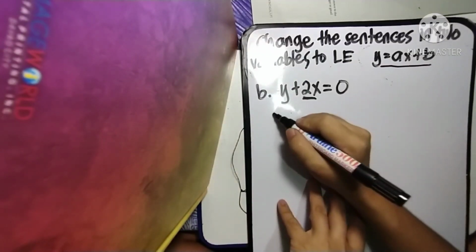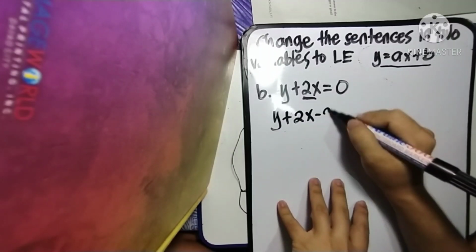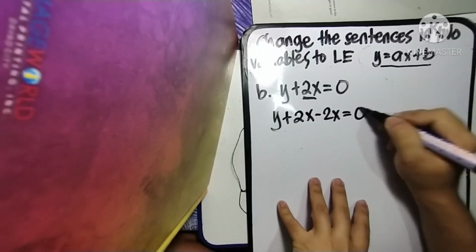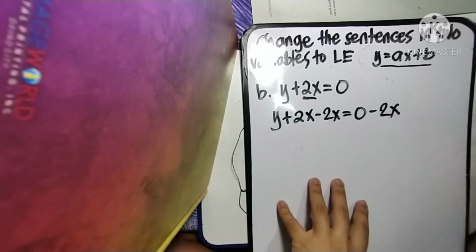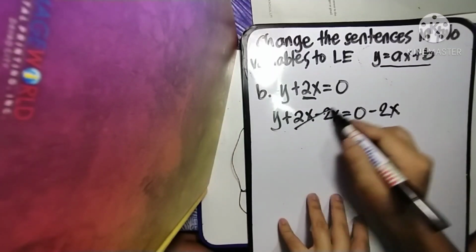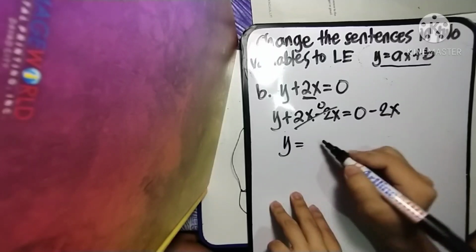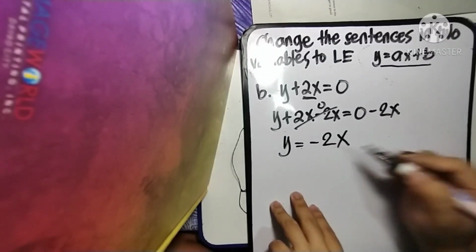Okay, we have y plus 2x minus 2x is equal to 0 minus 2x. Okay, so 2x minus 2x is 0. So nabili na to, we have y is equal to negative 2x.